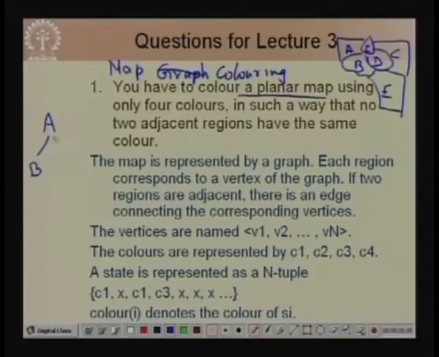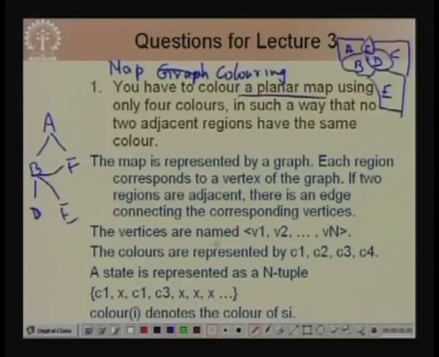B and F are adjacent to A. For B, A and F, and then D and E are adjacent to B, and so on. So, we will represent this map by a graph, where for every region we will have a vertex, and if two regions are adjacent, we will have an edge connecting those two vertices.